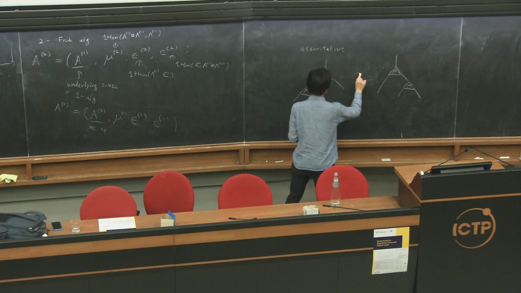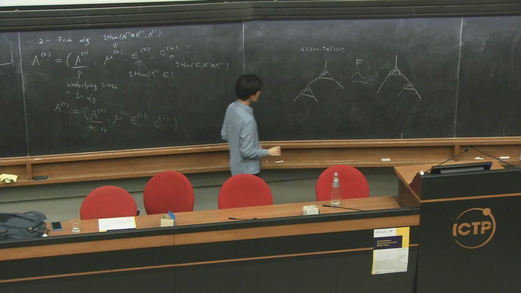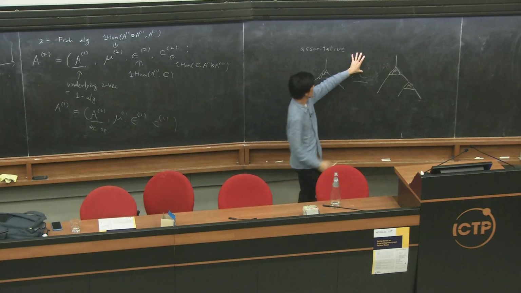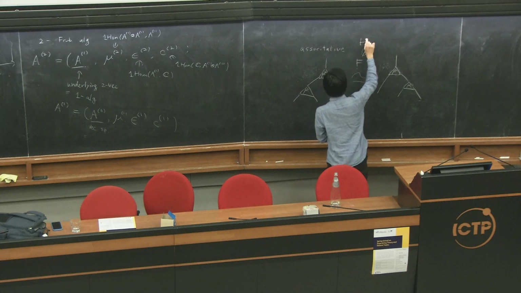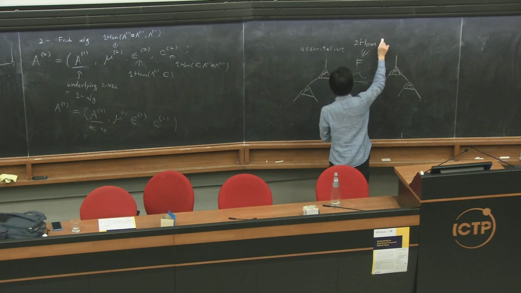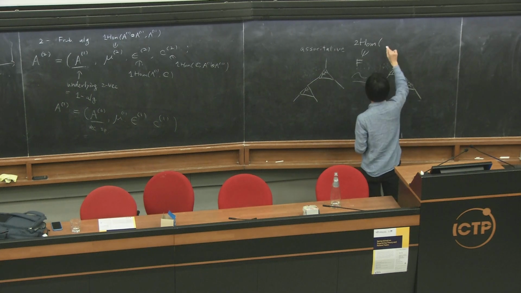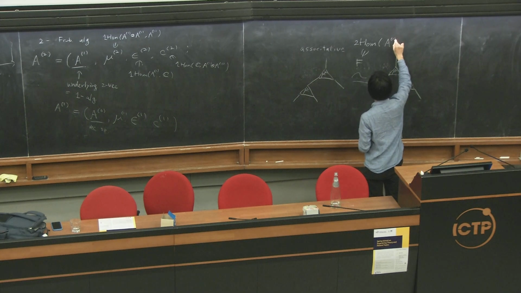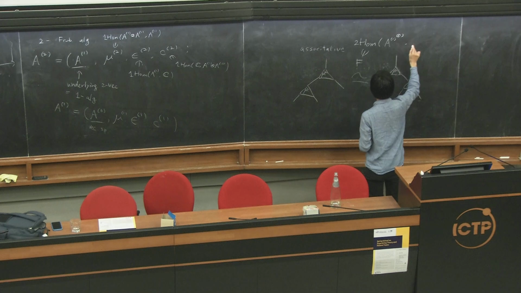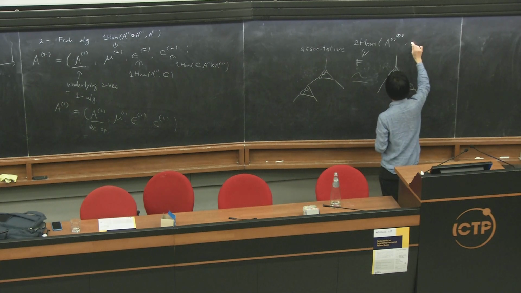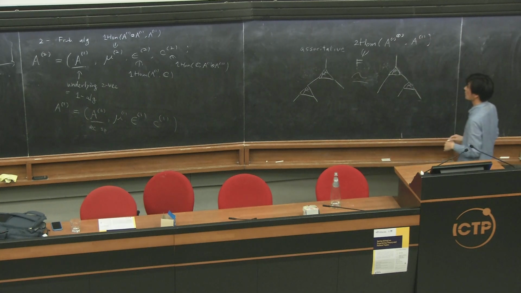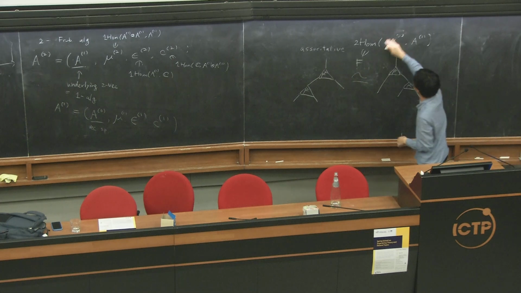Okay, so here at the 2 multiplication, we demand that there is a map. This is in 2 Hom in A1, 3, and A1. Sorry, I said it wrong.